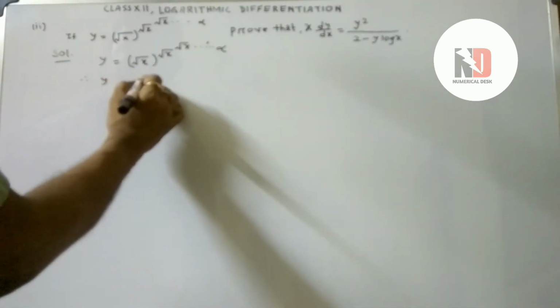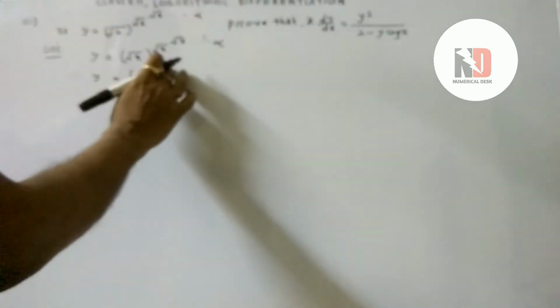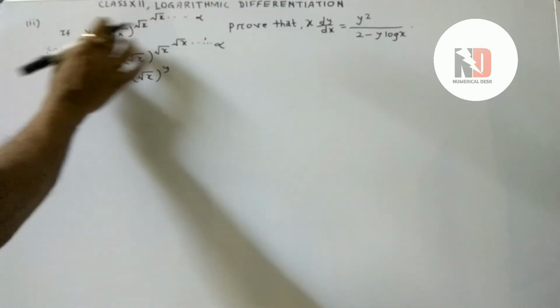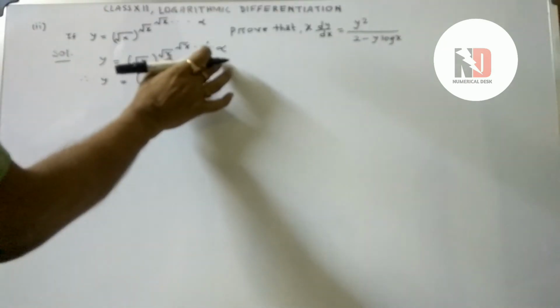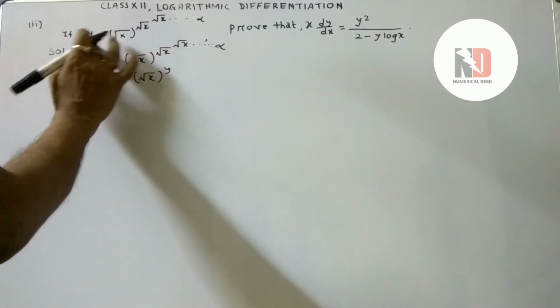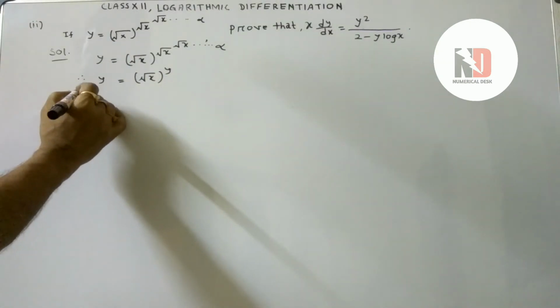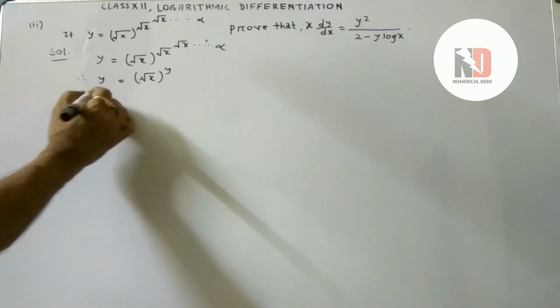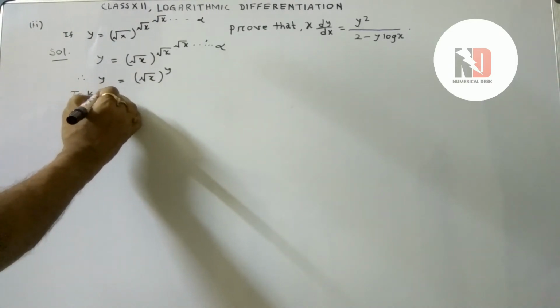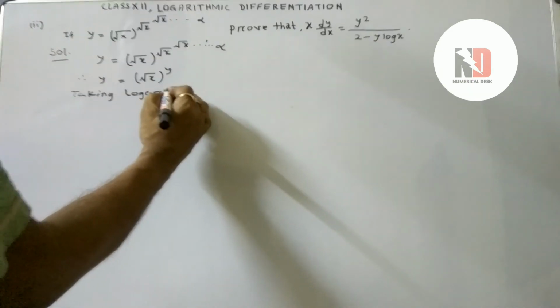So y equal to root x, the power can be replaced by y only, because this entire power is equal to y, we can rather write it down. Now let us take the logarithm, because this is in the form of an exponent, so we must take the logarithm.